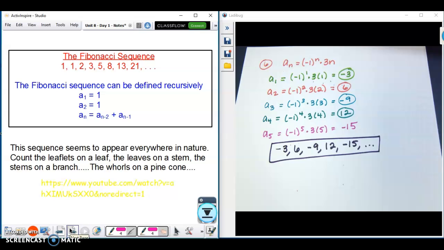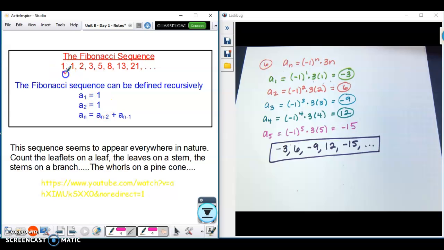Okay, the next thing and the last thing really about specific sequences, there's a special type of sequence called the Fibonacci sequence, and maybe you've heard someone say like a Fibonacci birthday would be one of these numbers. So to get this sequence, what's happening here is it's a recursive sequence because they tell you the first 2 terms are 1, and then because this says a sub n, well, a sub n minus 1 would be the previous term, and a sub n minus 2 would be the term before that.